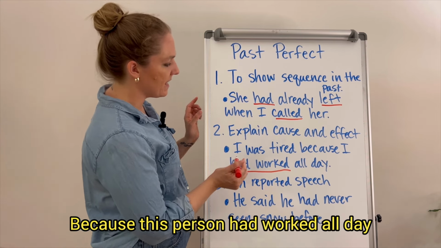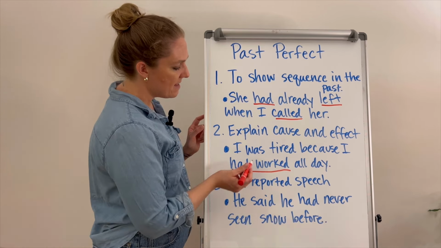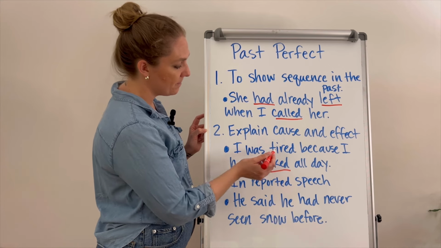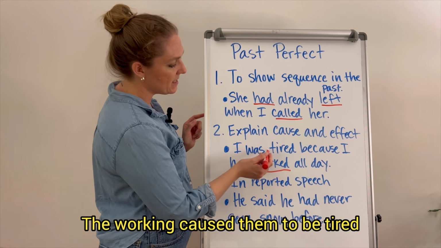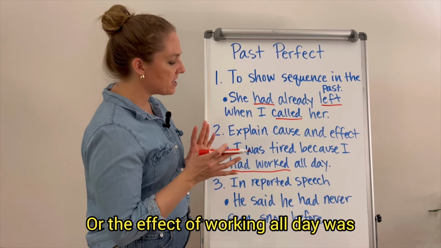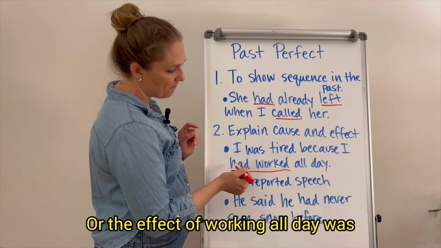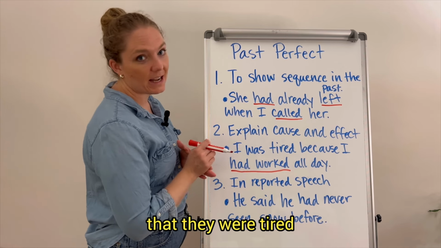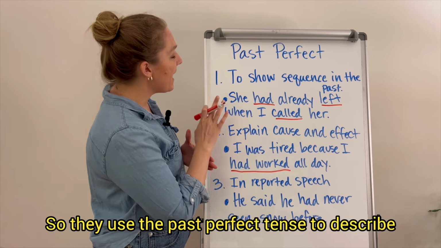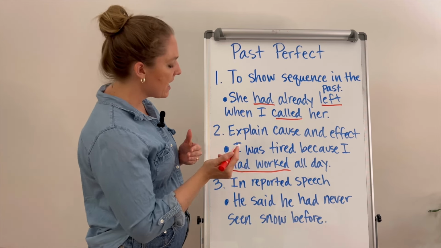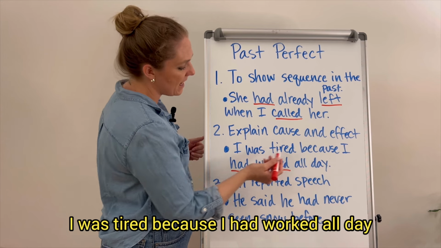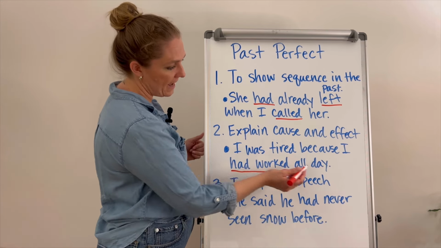Because this person had worked all day, they were tired. The working caused them to be tired, or the effect of working all day was that they were tired. So they use the past perfect tense to describe this cause and effect.